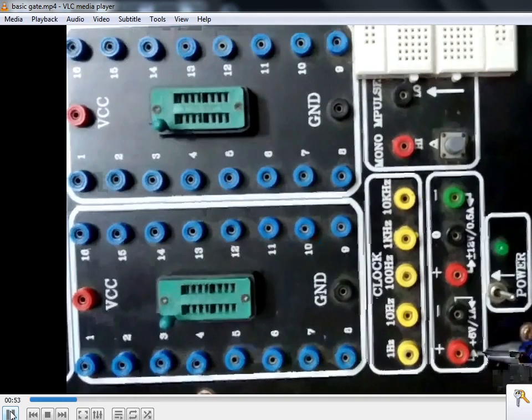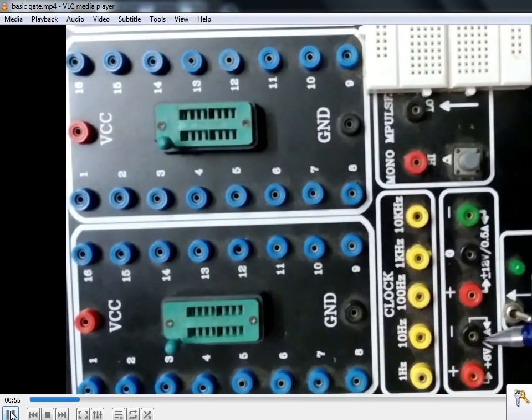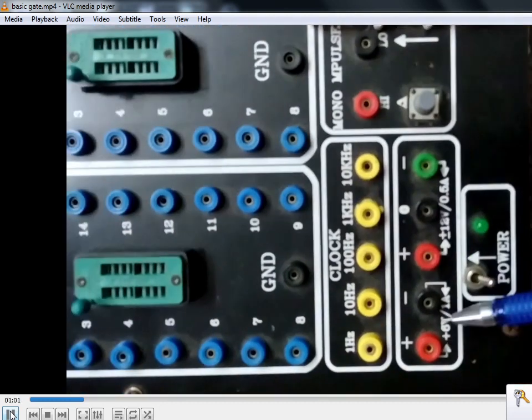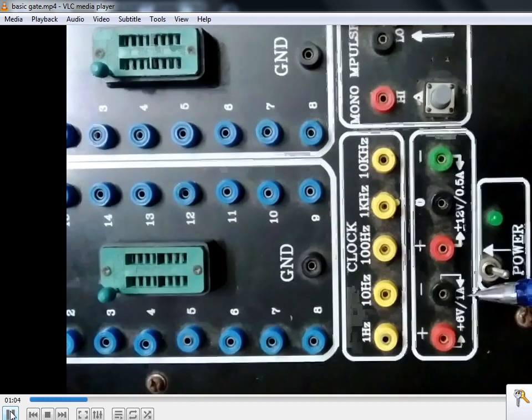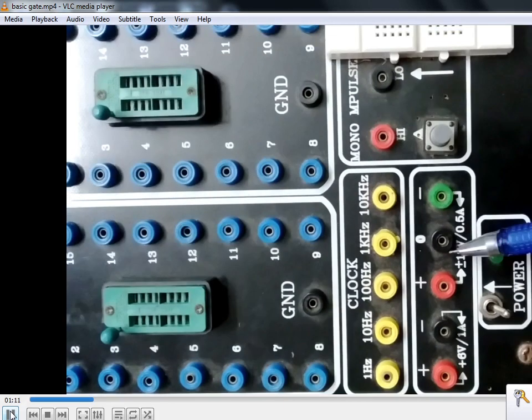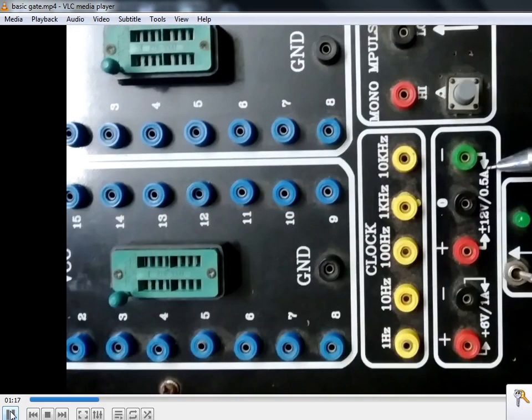It also has built-in voltage sources with an output voltage of 6 volts DC and a maximum output current of 1 ampere, and also an output voltage of plus or minus 12 volts DC with a maximum output current of 0.5 amperes.